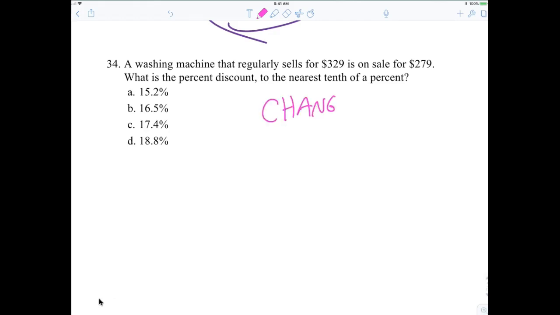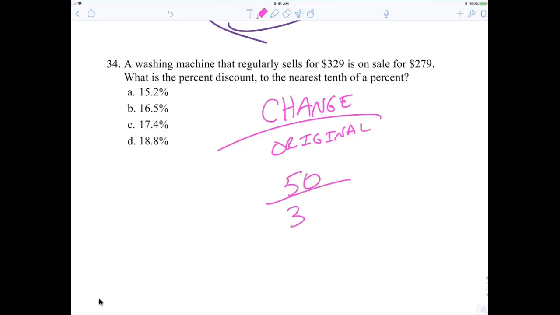Remember, it's the change divided by the what? Original. The change divided by the original. Right? So 50 divided by 329 is 0.152, right? Which is the same as about 15.2%.